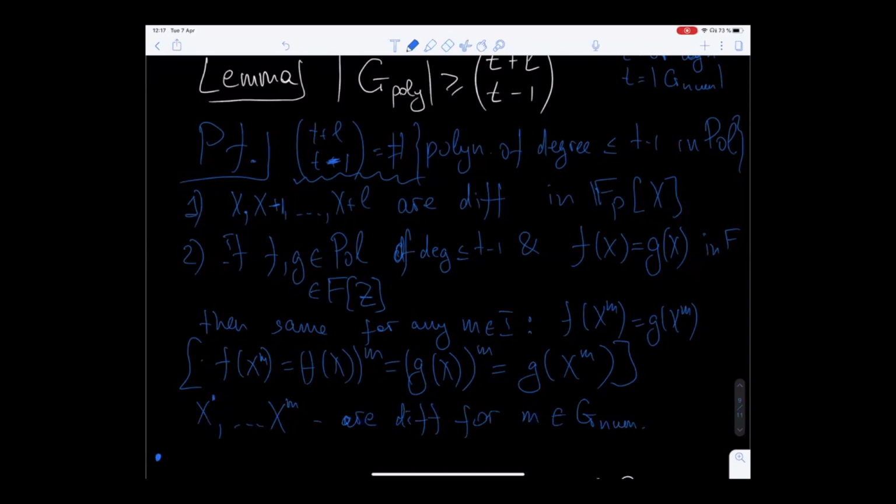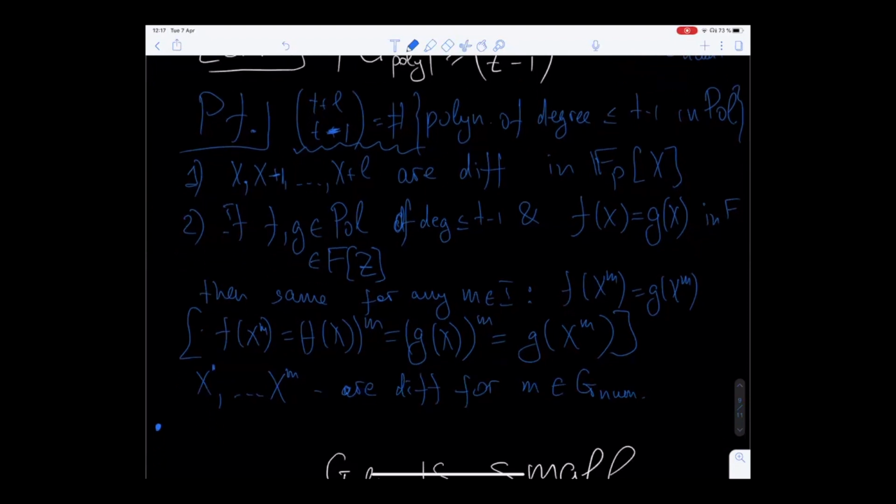Because we agreed that x to the r is 1, but not for smaller r, and we know that m and r are relatively prime.